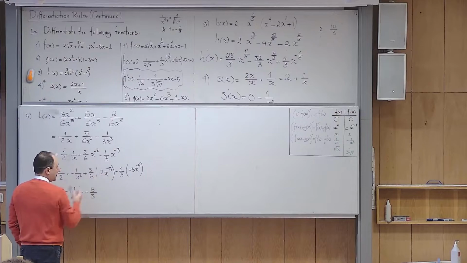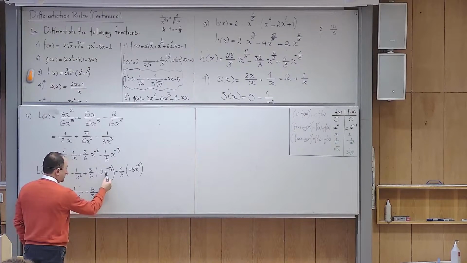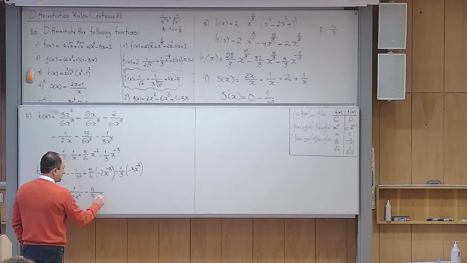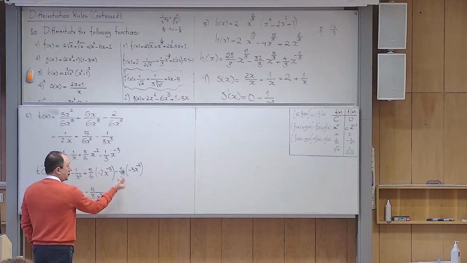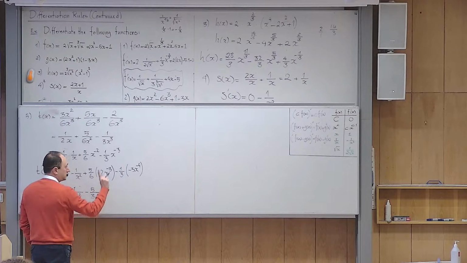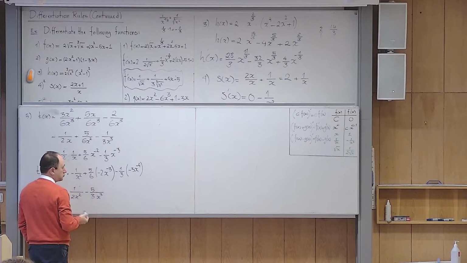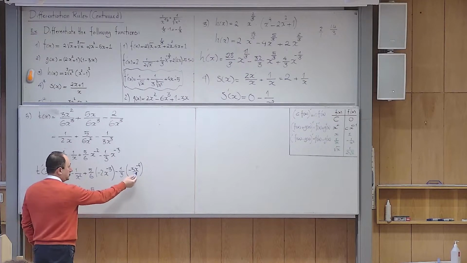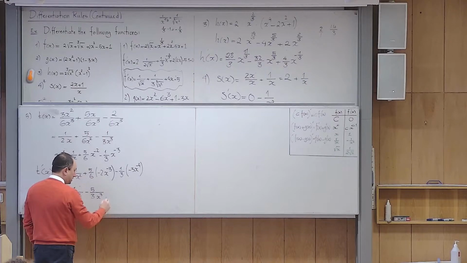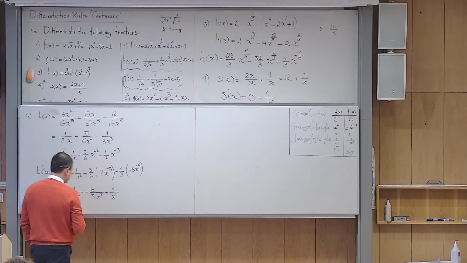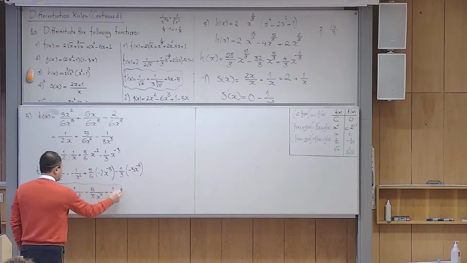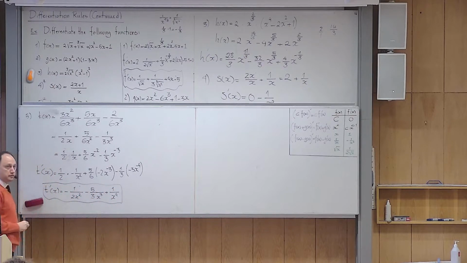This becomes x to the power minus 3. I prefer to write with positive powers, so I bring it back again. So this becomes positive 3. And then here, minus 3 minus a third. When I multiply them, it becomes positive 1. So I don't need to write it. And then x to the power of minus 4, I bring it back to the denominator. So this becomes this function. So this is the derivative of this function.